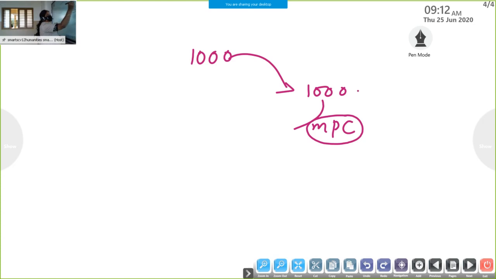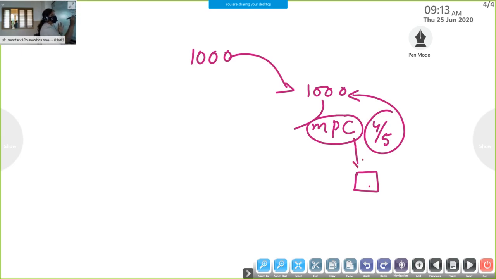Suppose I am taking here person A, he spends, I am taking like this, 4/5 of his income in order to buy something. So the producer of this thing gets that much amount of income. So one person's expenditure is another person's income.